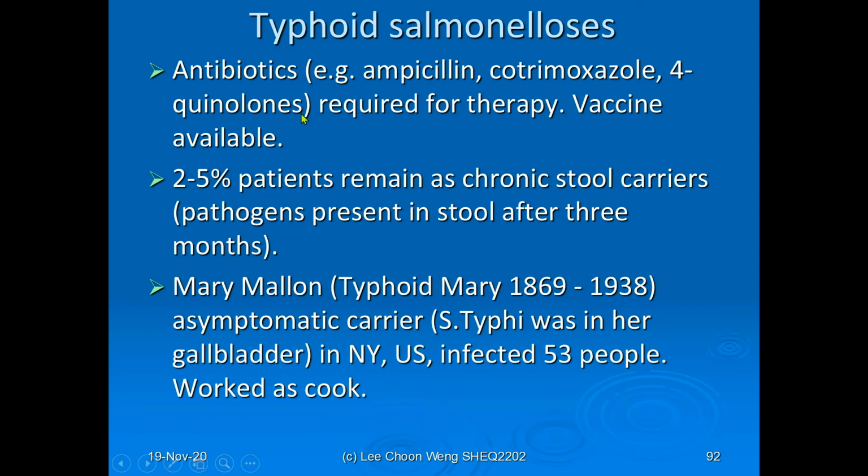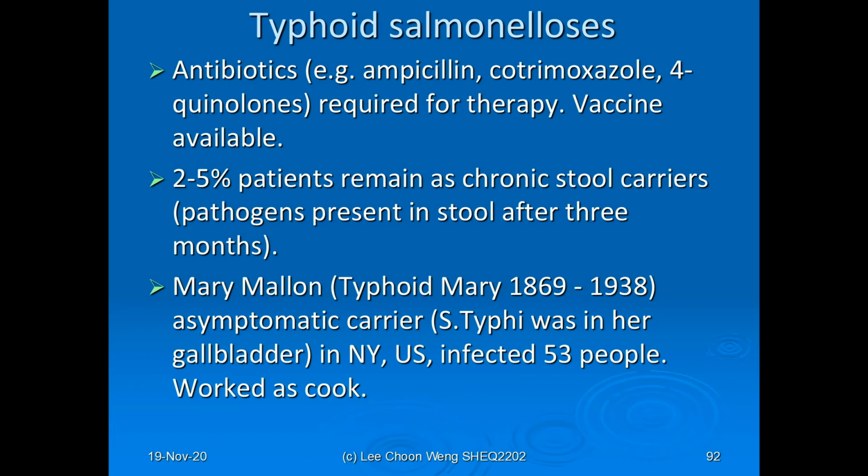For typhoid salmonellosis, you require antibiotic therapy, but the problem is a small percentage of the patients will remain as chronic stool carriers. That is why for food handlers in Malaysia, there is a regulation where it is compulsory for all food handlers to be tested for Salmonella to see whether they are carriers.